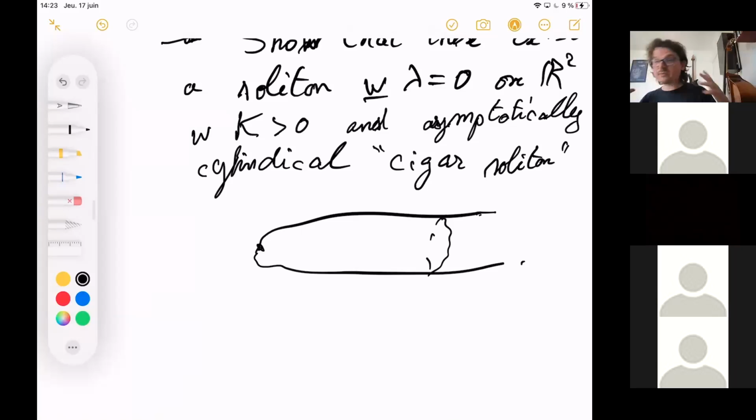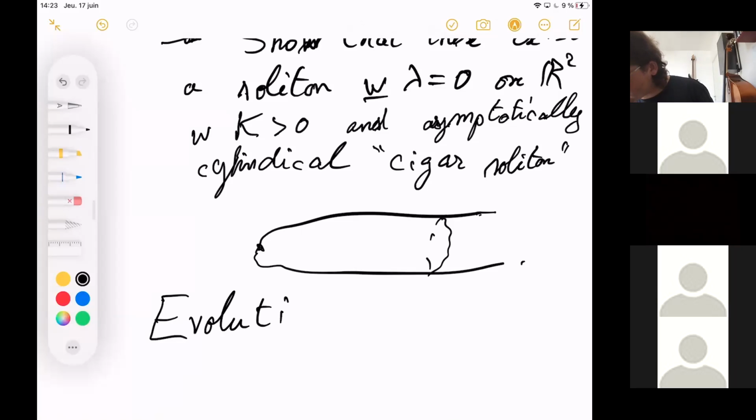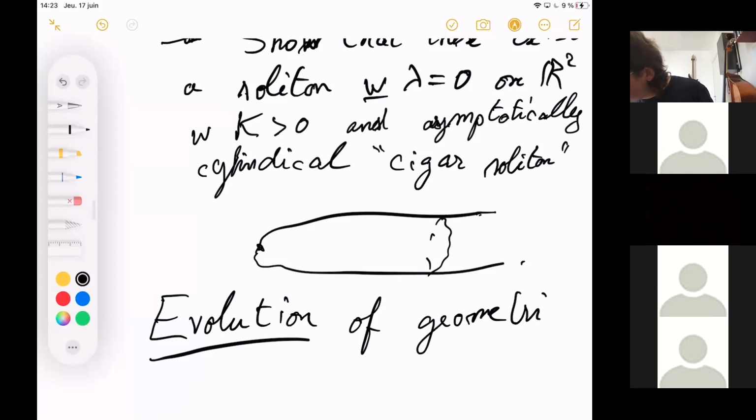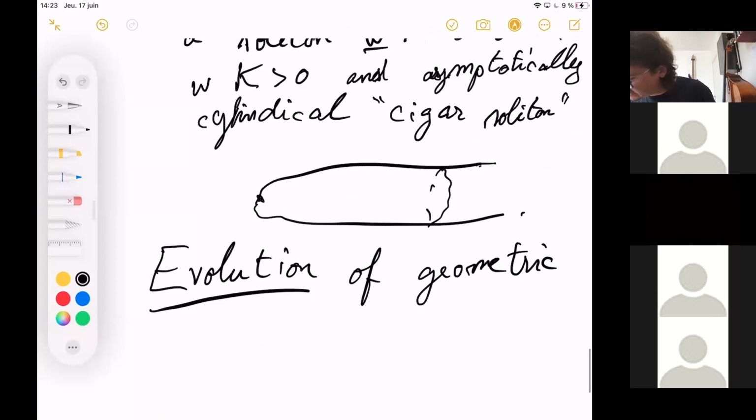Okay, so now we have a PDE for the metric. It's now interesting to look at the evolution of geometric quantities. And when you're new to the subject, it is not easy to take a grasp at what's going on.